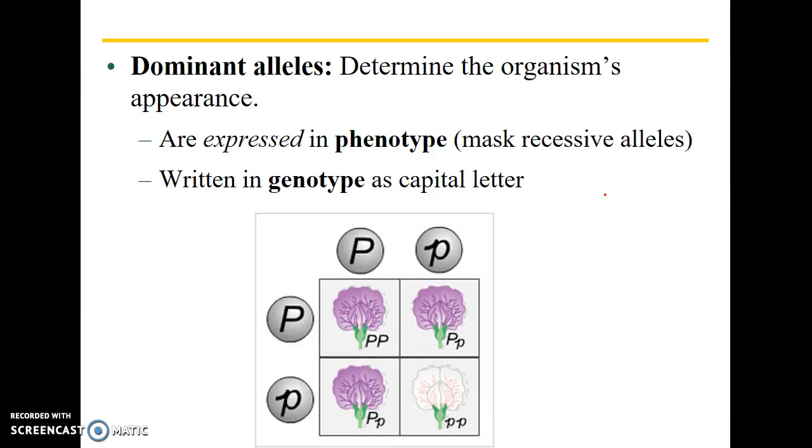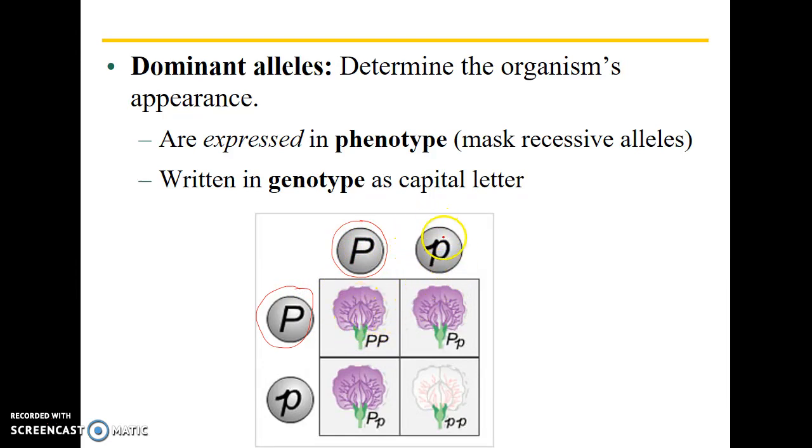And in a genotype, they're always going to be written in the form of a capital letter. So this right here would be a dominant allele. That would be the allele that gives the pea plants their purple flower color.